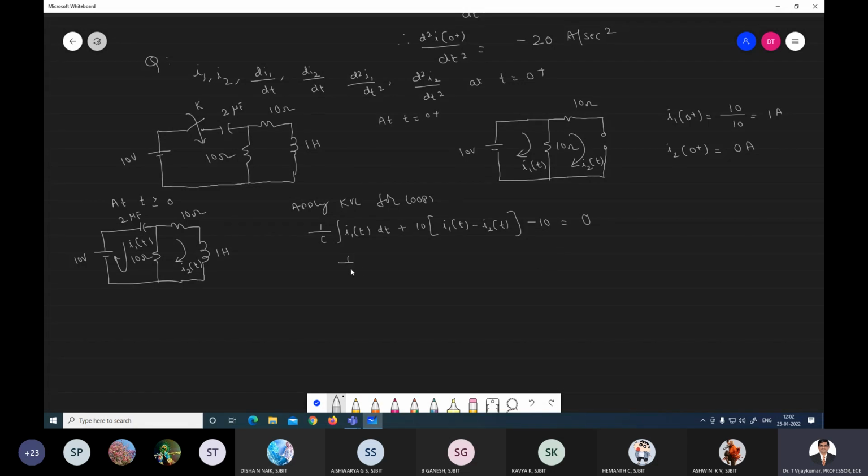This is 1 by C integral of I1 of t dt plus 10 I1 of t minus 10 I2 of t is equal to 10. Call this equation 1.